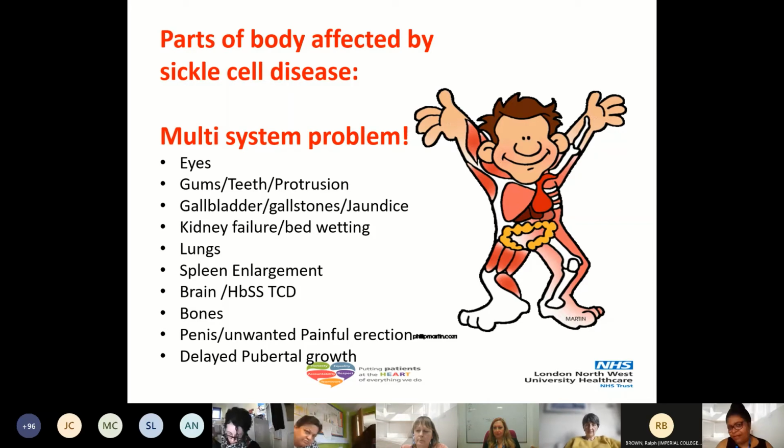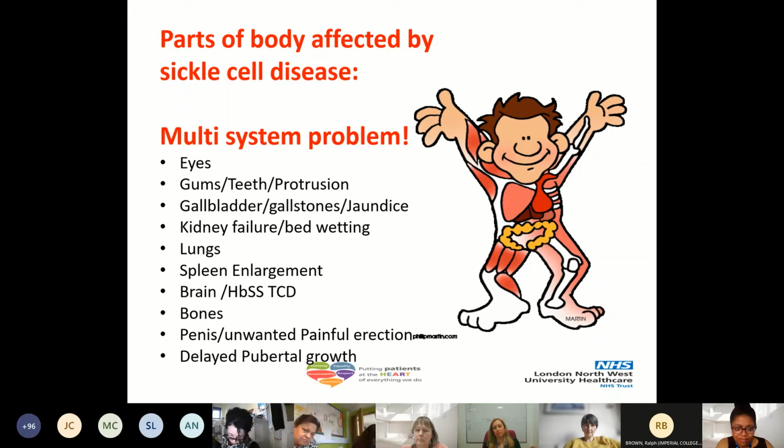Later on in the presentation, I'll show you a picture of a child with jaundice around the eyes. Having gallstones at a very young age like that, it's awful. It's bad enough when you're an adult, but these are the things that can happen because of what's going on inside the body of someone with sickle cell disease.